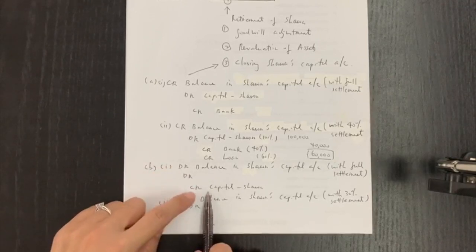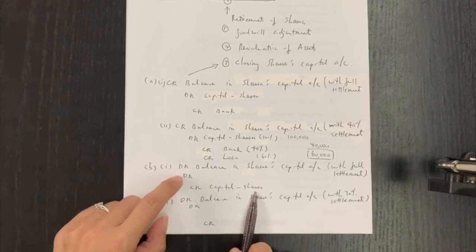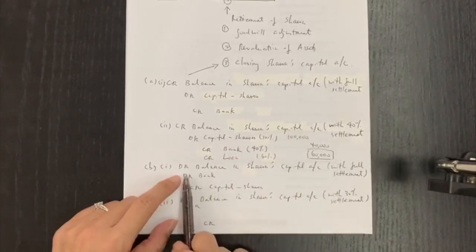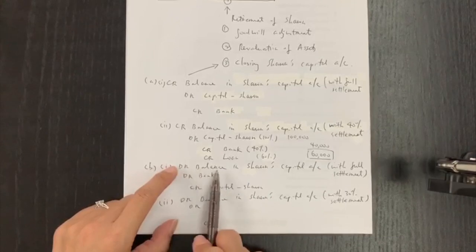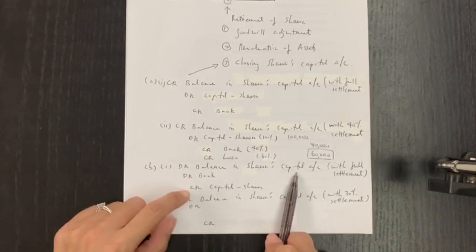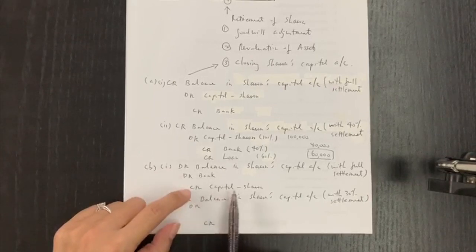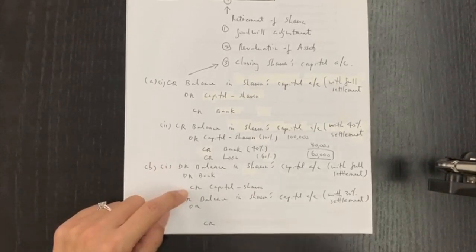So this time, who has to pay money? Sharon has to pay money to the business, so we are going to receive money. We are going to debit bank to receive money from Sharon to settle her debit balance in her capital account. This is the transaction to close Sharon's capital account if Sharon has a debit balance.